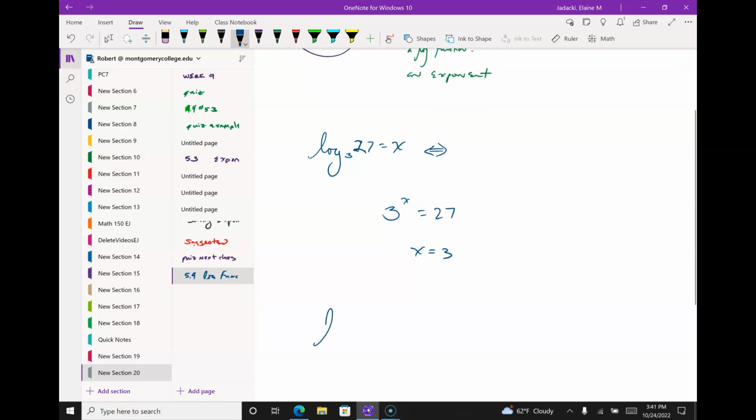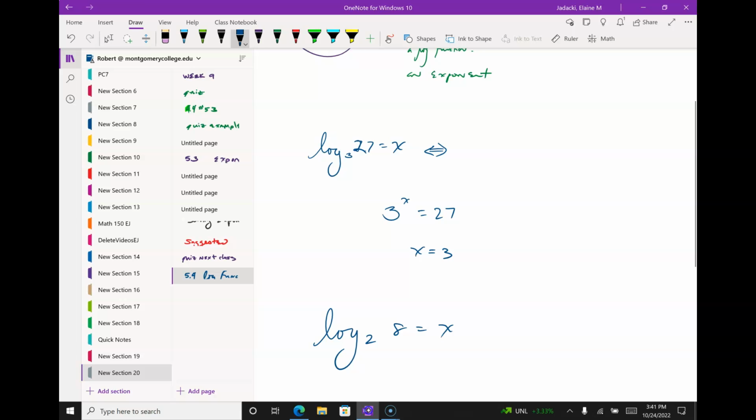If I say to you, log base 2 of 8 is x, do you know what exponent I need? Do you know what base I'm talking about? 2. Do you know what exponent I'm talking about? 3.